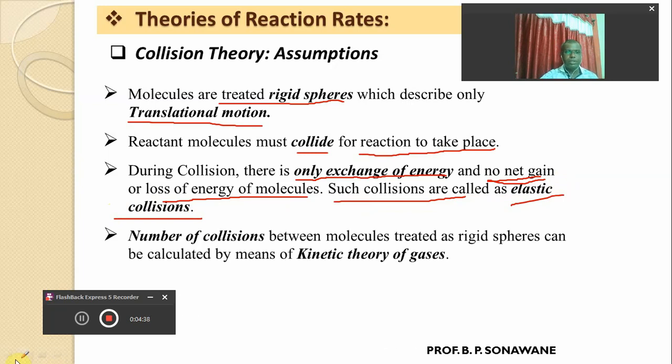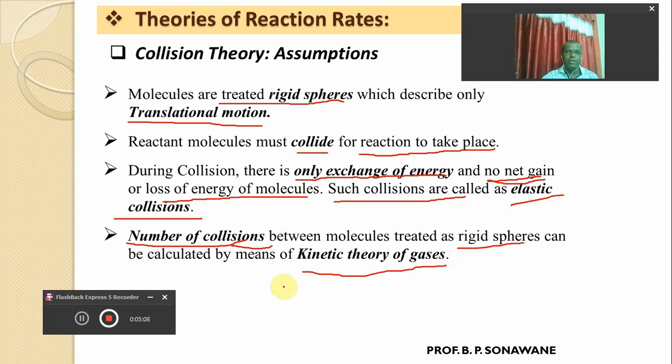Again, this is very important in order to decide the rate of reaction in gaseous molecules: the number of collisions. This number of collisions between the molecules treated as rigid spheres can be calculated with the help of the kinetic theory of gases, because this is the most important theory which can explain the behavior of gas molecules.